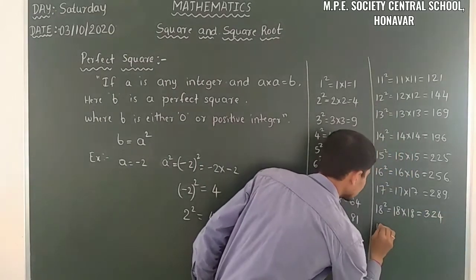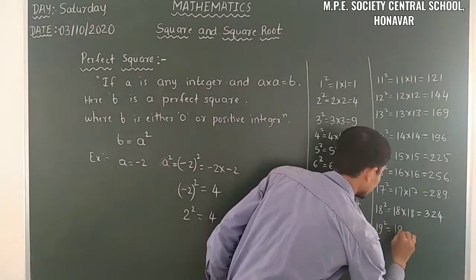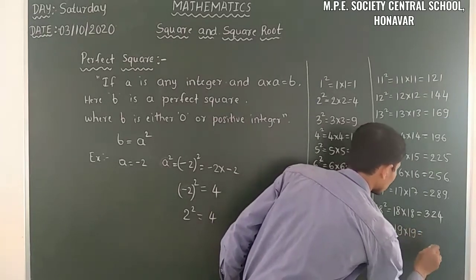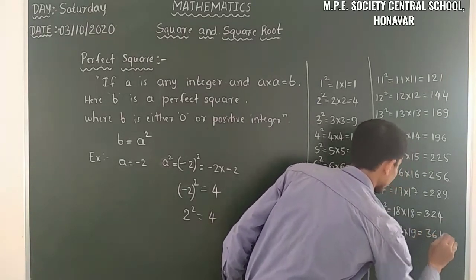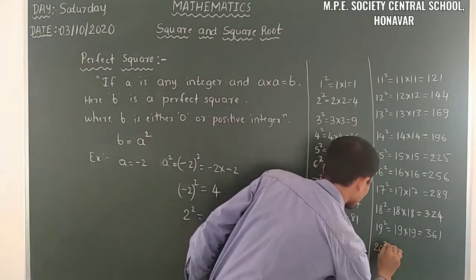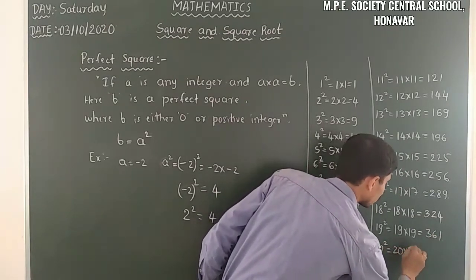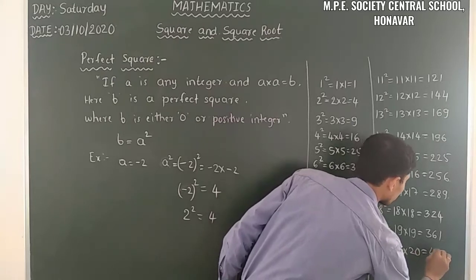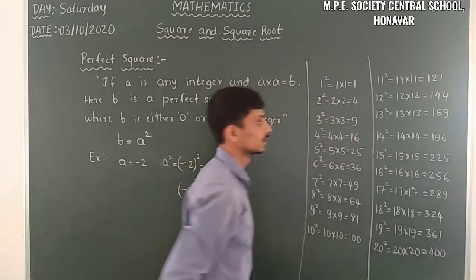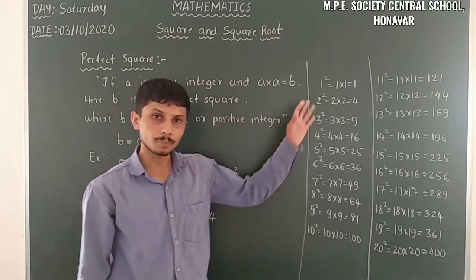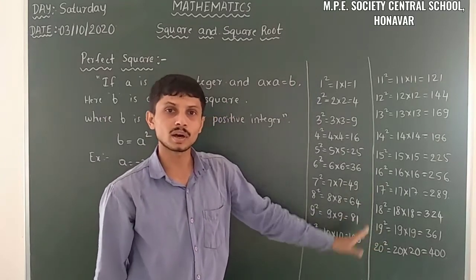Then 19 squared is equal to 19 into 19 is equal to 361. Then 20 squared is equal to 20 into 20 is equal to 400. So here we have to know up to 20 square numbers.